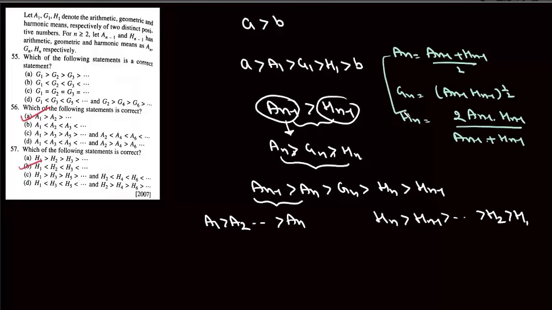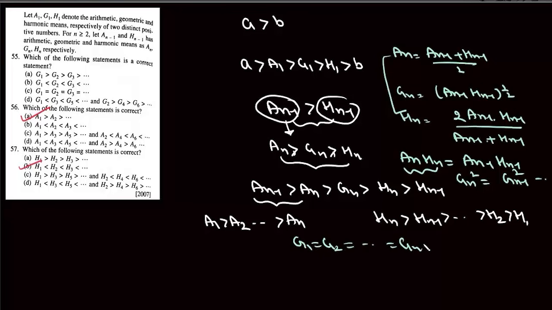Now if we multiply these, we can write An into Hn equals A(n-1) and H(n-1). Now this is Gn square, this is G(n-1) square. So from here we can say G1 must be equal to G2 must be equal to Gn. That means this option C is correct. So the correct options are C, A and B.